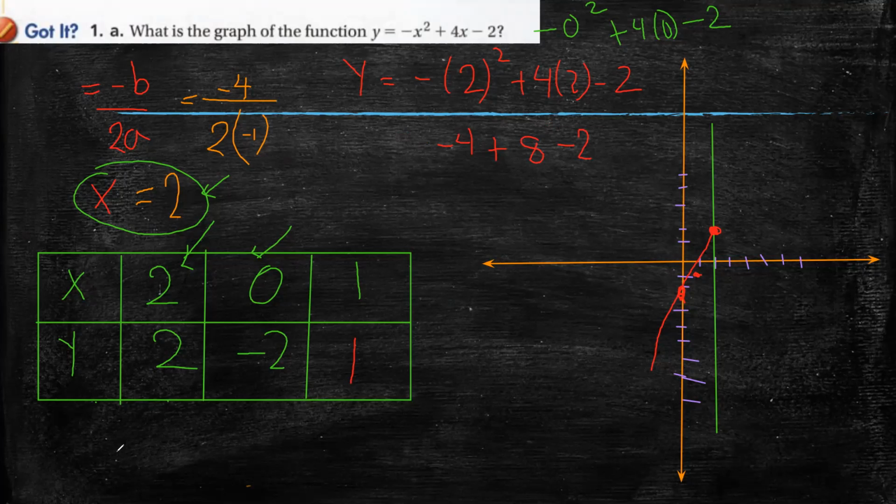Okay, now come back. So here, after I plot these 3 points, let's now connect between them. Make a mirror. Here it must be a U, by the way. Let's repeat it here.